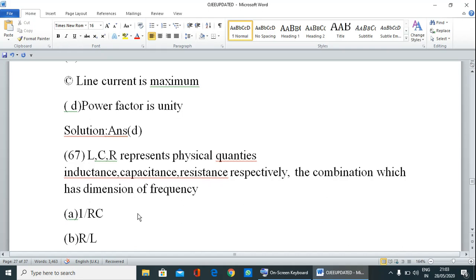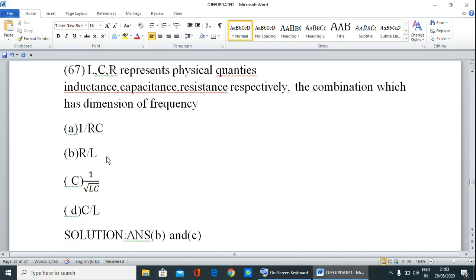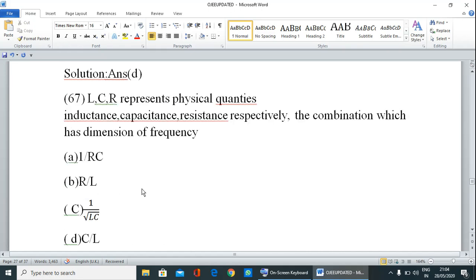The combinations which have the dimension of frequency are 1 by RC, R by L, 1 by root of LC, and C by L. So the correct answer is B and C. 1 by root LC is also the resonant frequency, and R by L is also a frequency. Therefore, answer B and C is the correct answer.